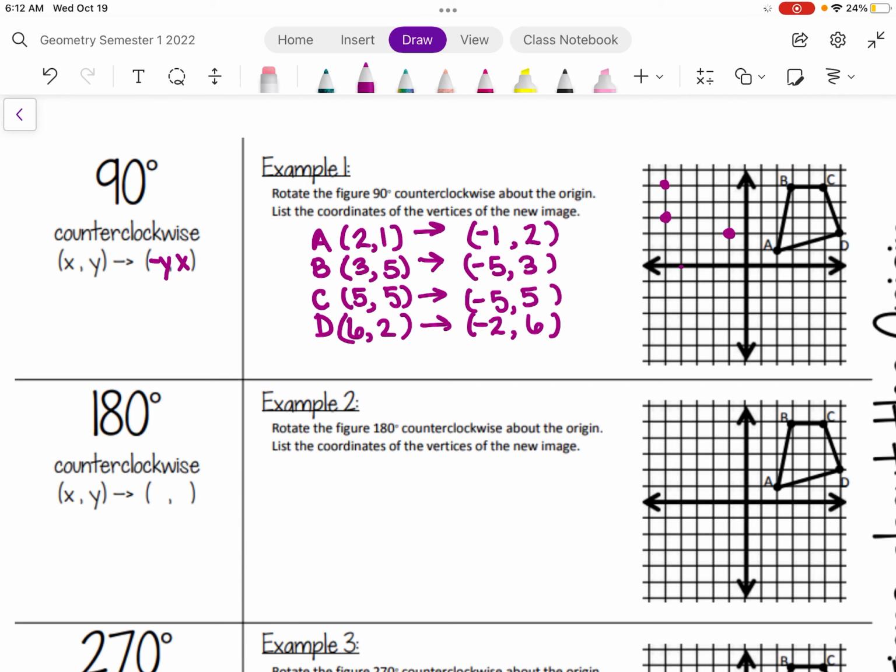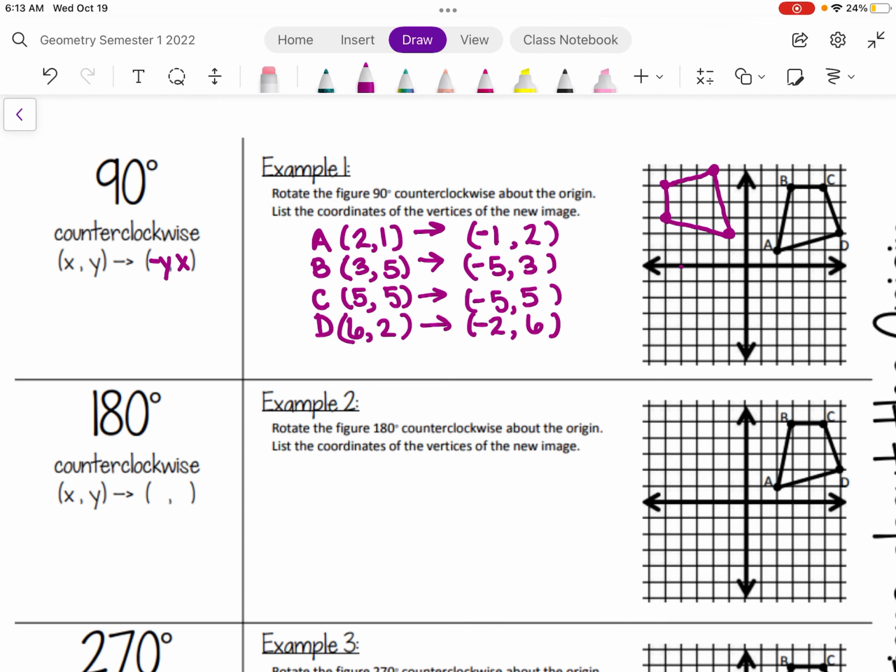And negative 2, 6 puts me right here. So notice it moved over one quadrant to go 90 degrees counterclockwise rotation. Often our rotations in math do go counterclockwise, but they don't have to.